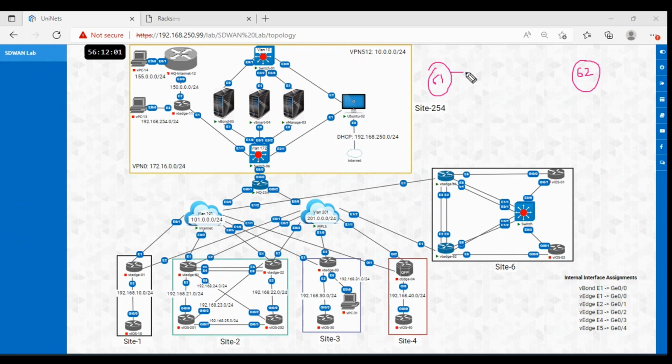And these are physically connected to each other. That may be a logical connection. And one link is terminating on this, one link is terminating on this. For 62, it's MPLS, and this is internet.